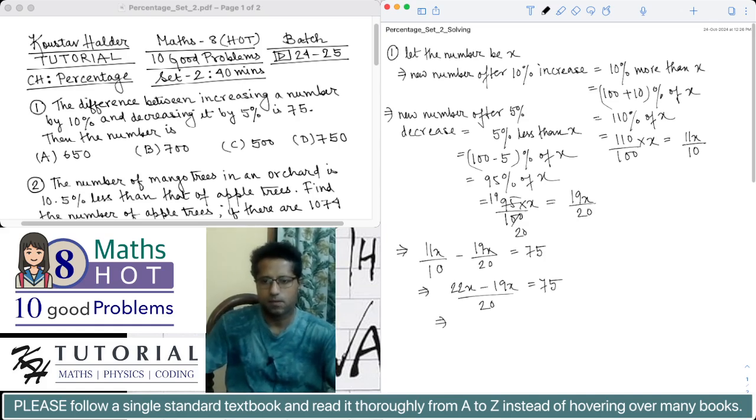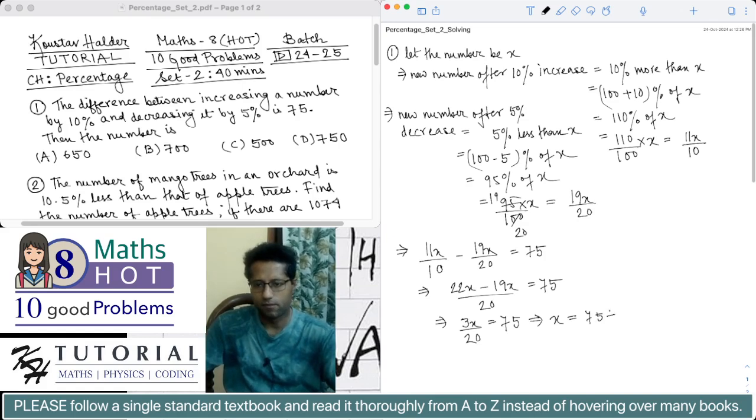This implies 3x by 20 is equal to 75. Solving for x, we get x is equal to 75 divided by 3 by 20. This is equal to 75 multiplied by 20 by 3. 3 cancels 75 with 25, and this is equal to 25 multiplied by 20, which is 500.